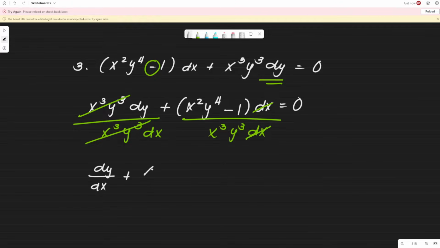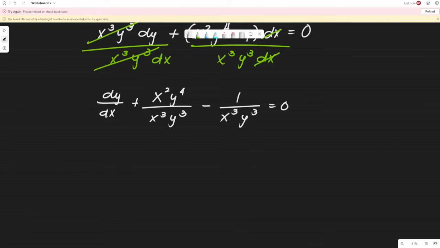plus x squared y to the 4th. Pag hiwalayin nyo na, pwede nyo na siyang i-split over x cube y cube. Okay. Minus 1 over x cube y cube is equal to 0. No, so, ganito na yung ano natin. Then, lipat nyo lang to sa kabila.